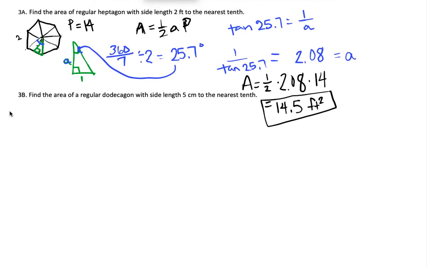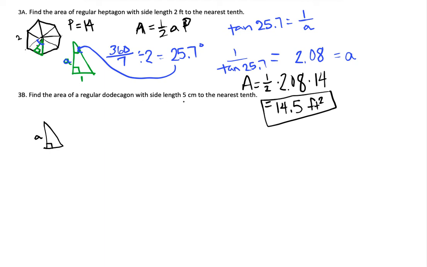And this one says, find the area of a regular dodecagon with side length 5 centimeters to the nearest tenth. I am not drawing a dodecagon. That is 12 sides. I had struggled enough with 7 sides. So I'll just have to draw this little triangle part in there. Okay.